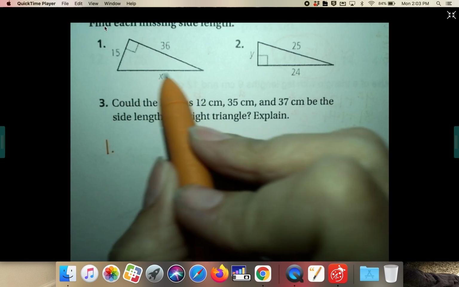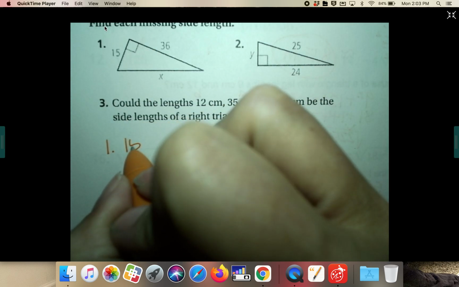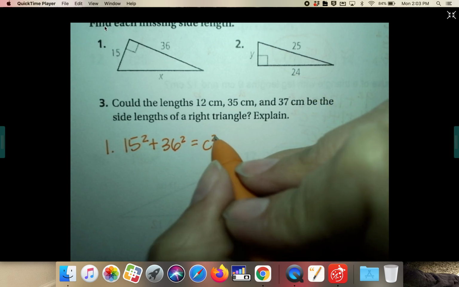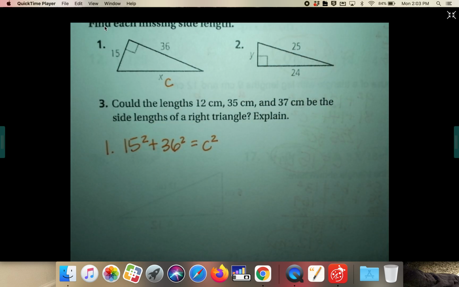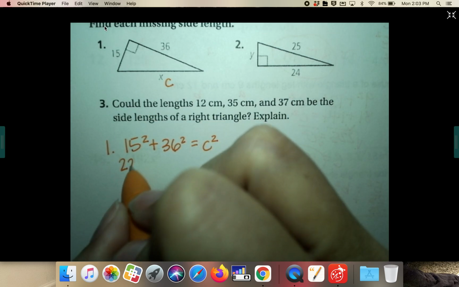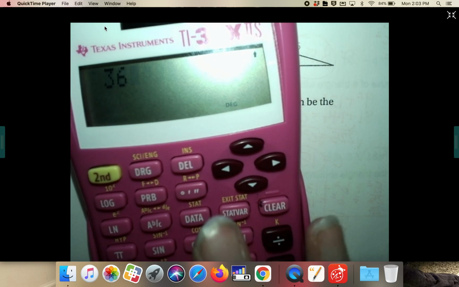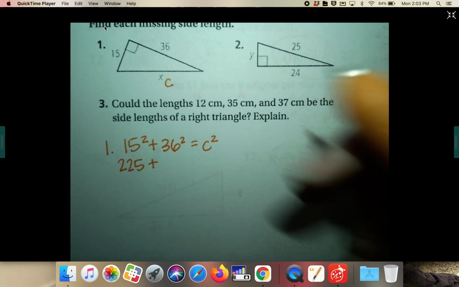This is the hypotenuse, so it should have been 15 squared plus 36 squared equals c squared because we don't know what length that longest hypotenuse side is. 15 squared is 225. 36 squared is 1296.